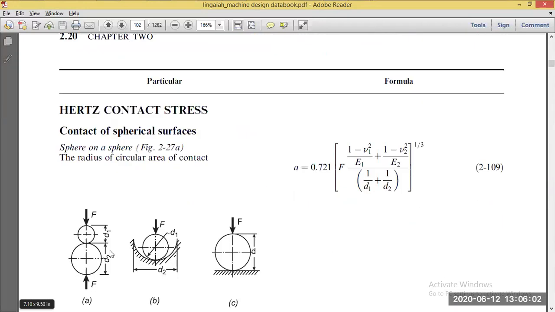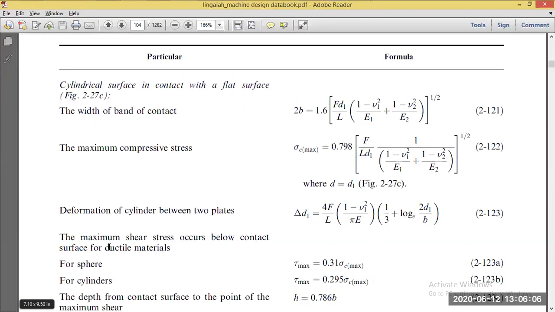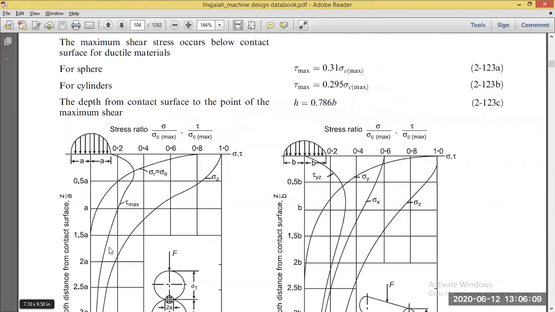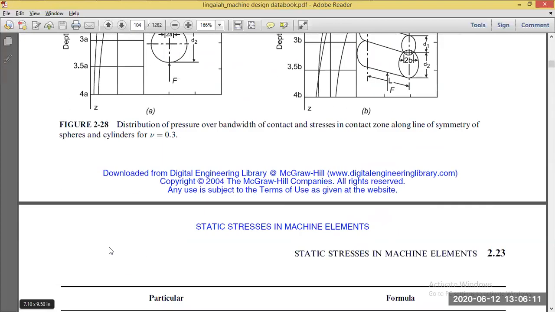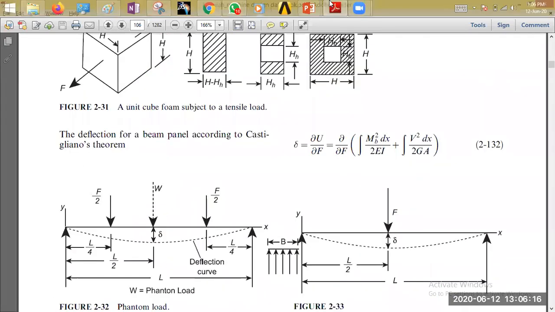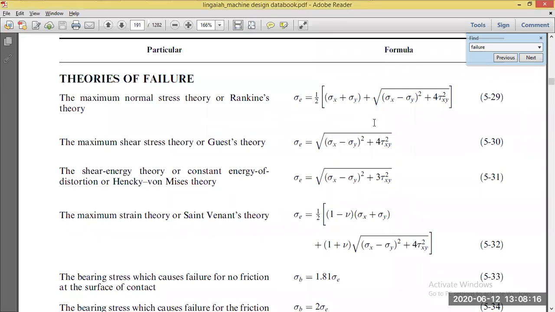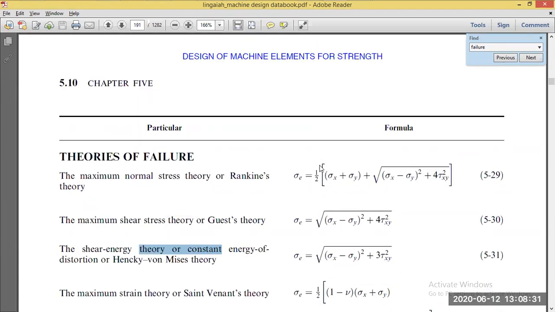You'll find the theories of failure in the fifth chapter, a big jump here. We have the normal stress theory, which is nothing but the principal stress theory, the shear stress theory, and the von Mises theory.